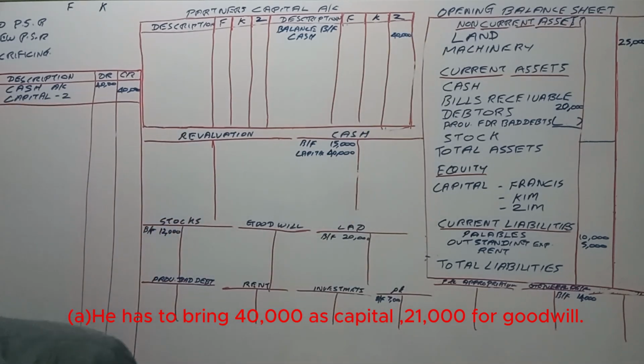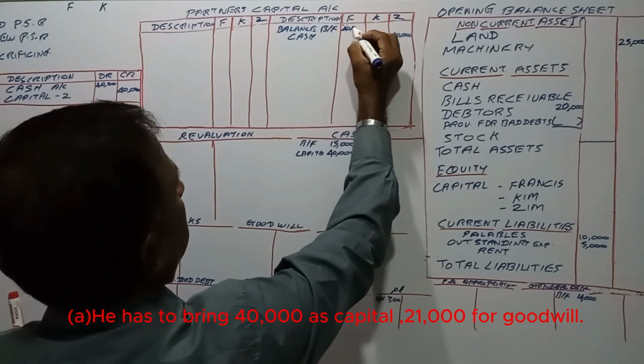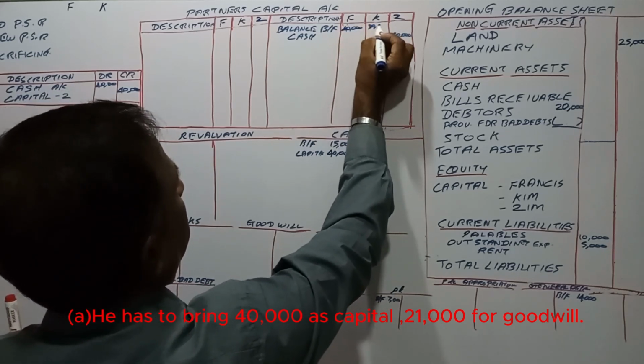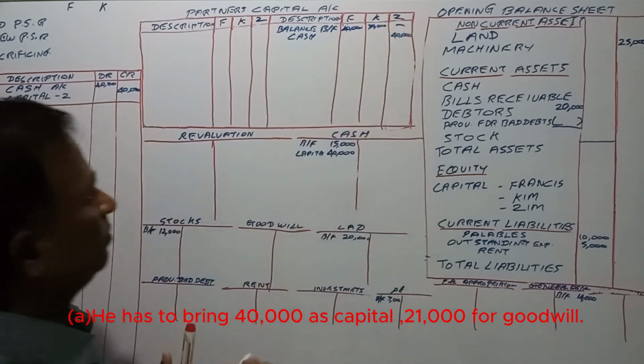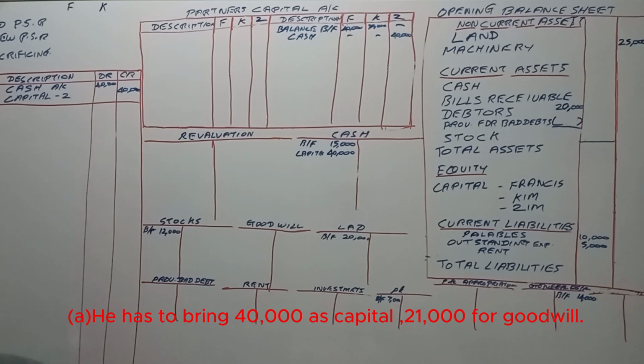What is the balance? 40 and 30, no? 40,000 and 30,000.